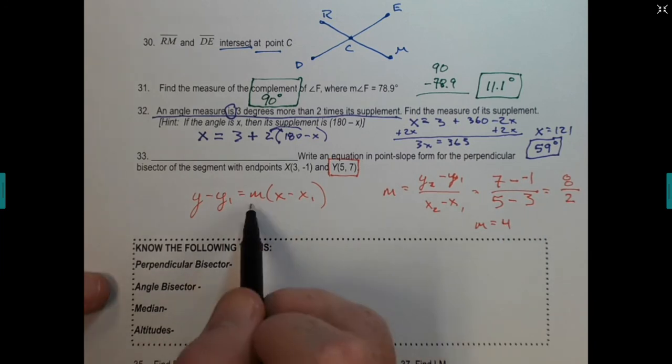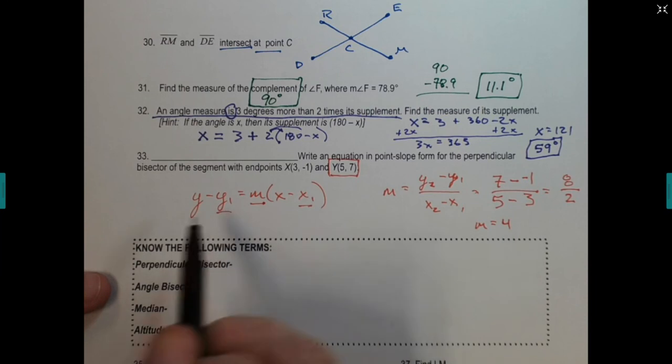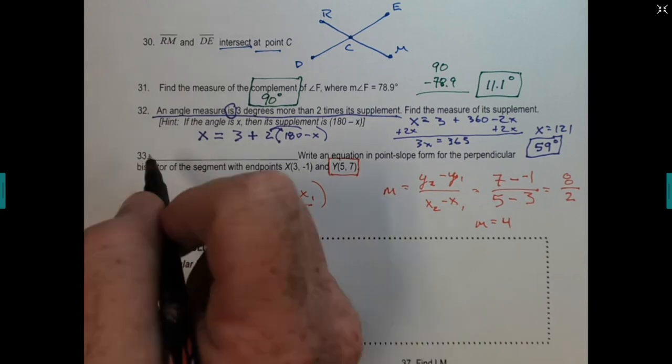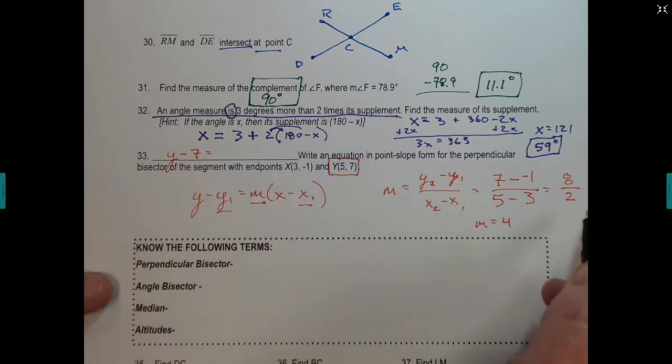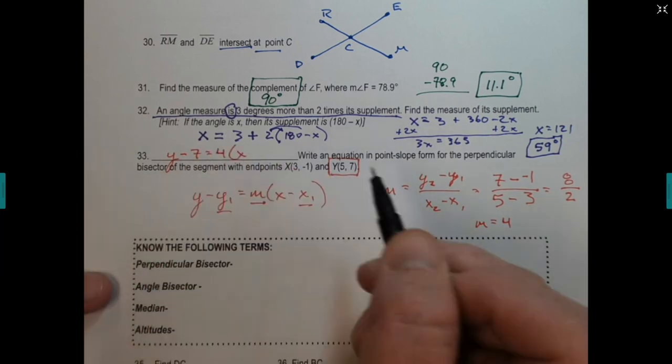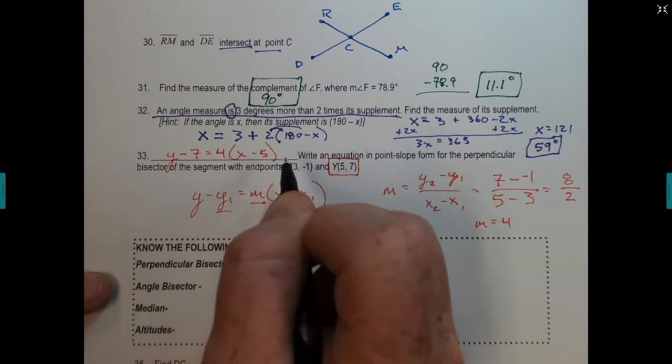Now I can plug the slope and the point in, and I'm done. y minus 7 equals my slope times x minus 5, and I'm done.